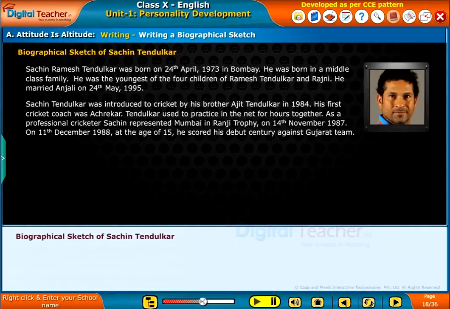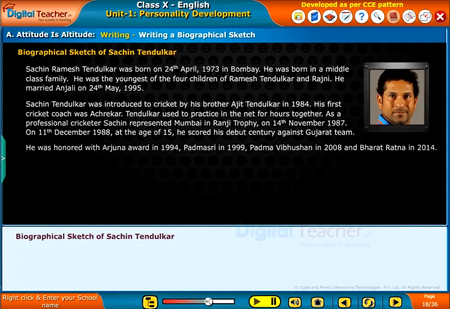As a professional cricketer, Sachin represented Mumbai in Ranji Trophy on 14 November 1987. On 11 December 1988, at the age of 15, he scored his debut century against Gujarat team. He was honored with Arjuna Award in 1994, Padma Shri in 1999, Padma Vibhushan in 2008 and Bharat Ratna in 2014.